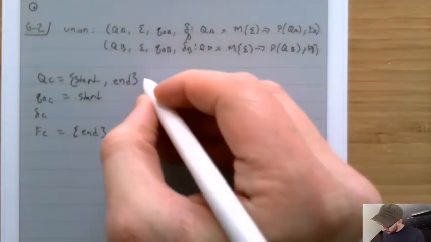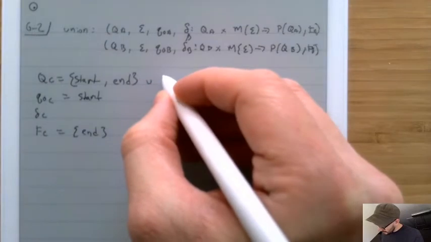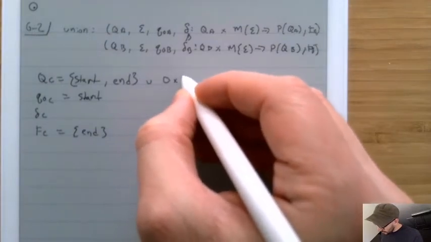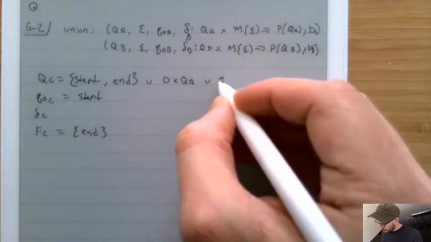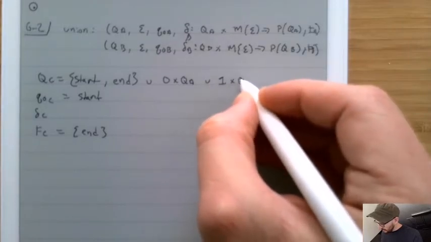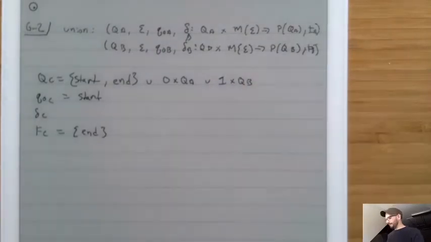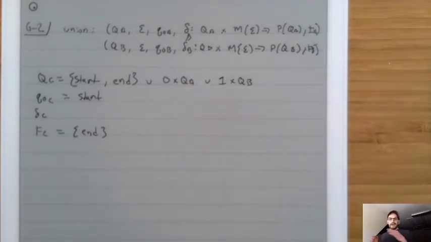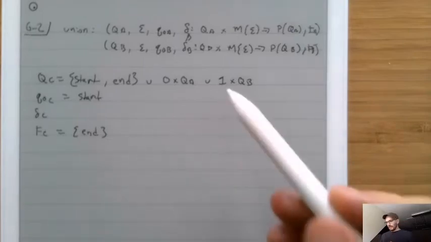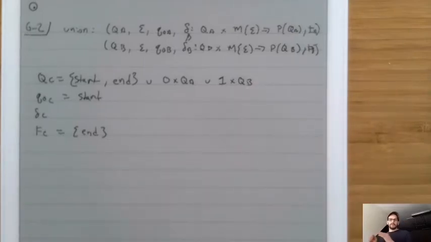So we can say we're going to union this with 0 cross QA and union it with 1 cross QB. So now what we've done is we've taken all of the states in A and paired them up with 0. Then we've taken all the ones in QB and paired them up with 1. Now we can look at the first element and see if it's from A or from B.